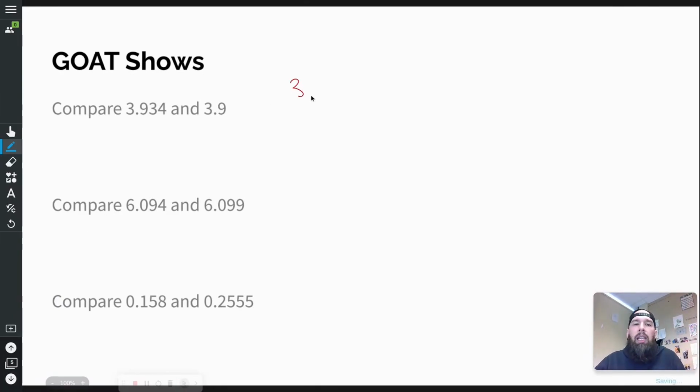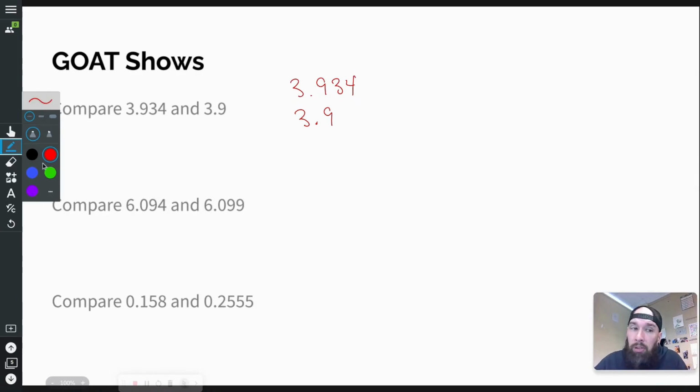So I got 3.934 and 3.9. Now this is where we might have to put the zeros, because if you go left, 3's are the same, 9's are the same. I have no more numbers over here. By adding a 0 to the right of a decimal, it doesn't change the value at all.